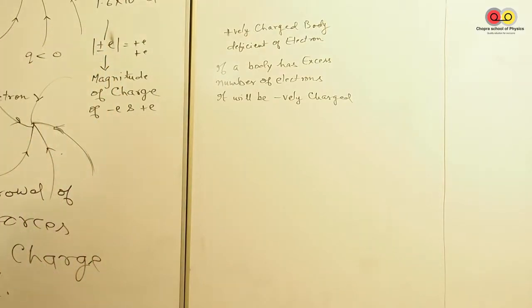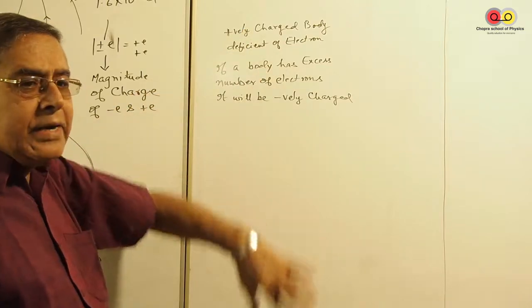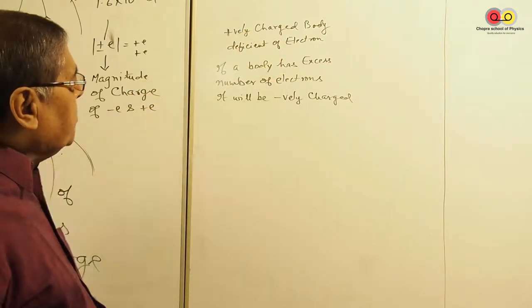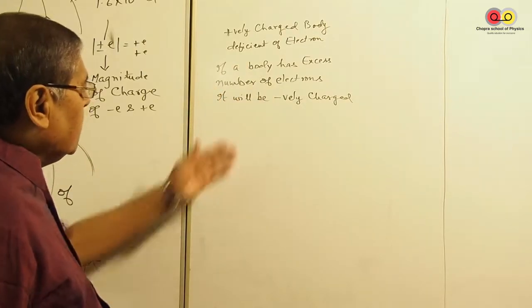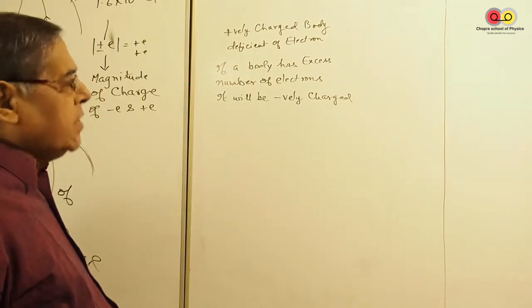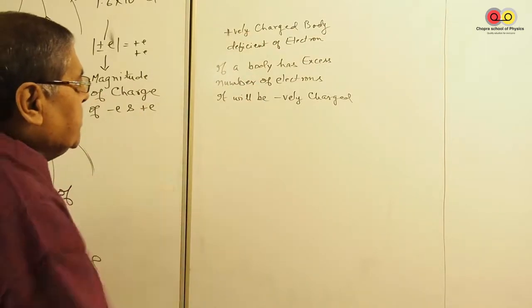So it means that charged bodies are of two types, like there are two types of charges, the positive and negative charges. The positively charged bodies are those which lose electrons, which are deficient of electrons, and negatively charged bodies are those which have an excess number of electrons. So there is a main difference in the two types of bodies.